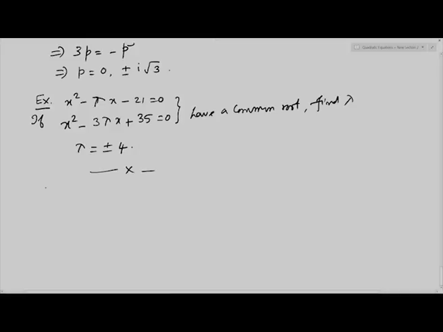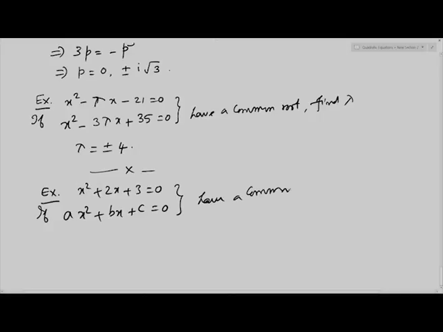Then next I go on to another problem. Consider this problem, x square plus 2x plus 3 equal to 0 and ax square plus bx plus c equal to 0. These two equations have only one common root.